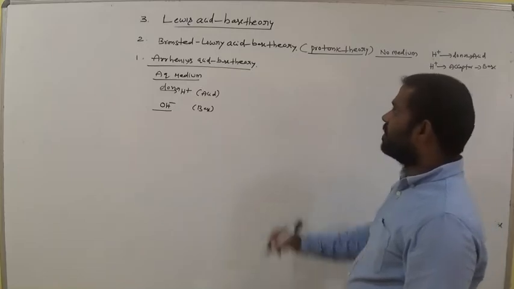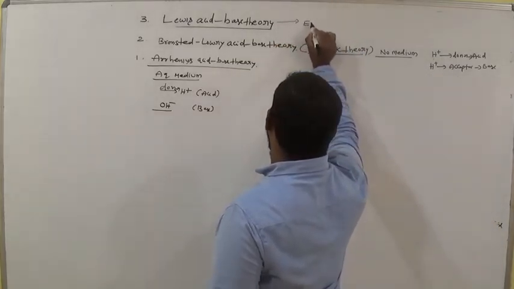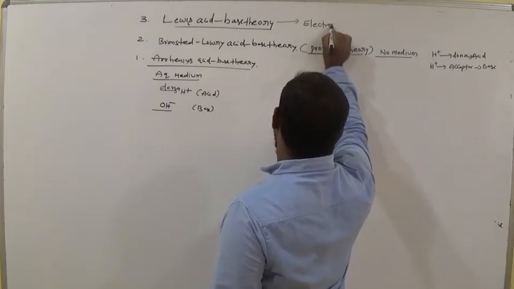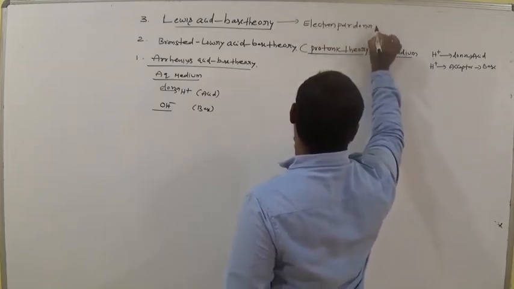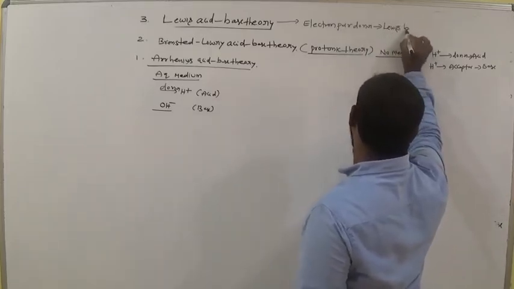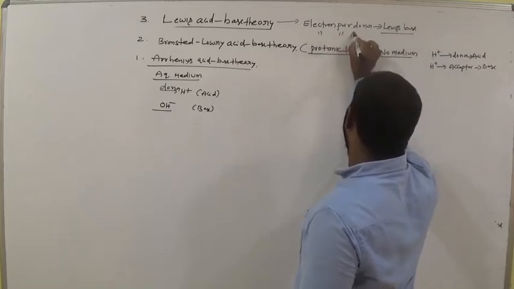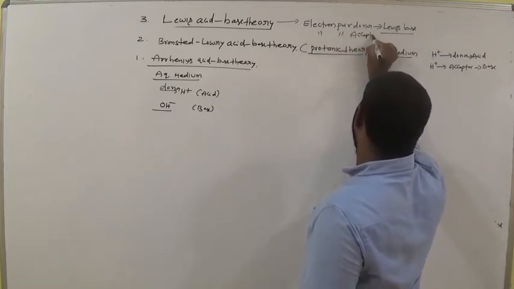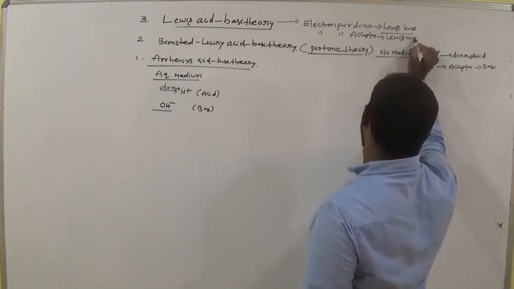Is it clear? In Lewis acid base theory, an electron pair donor is called a Lewis base and an electron pair acceptor is called a Lewis acid, am I right?